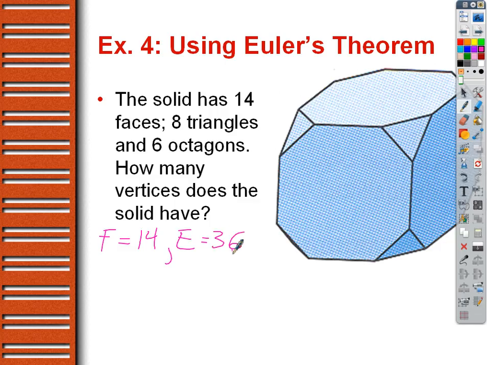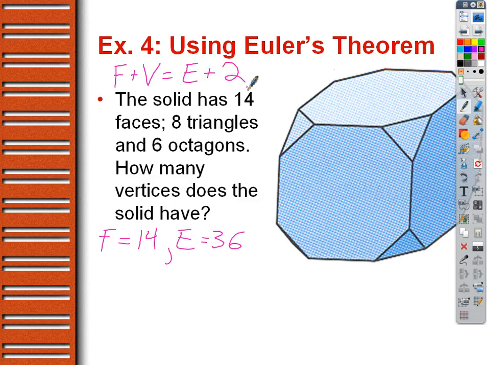So how many vertices would we have? Well, what's our relationship? What's Euler's theorem? F plus V equals E plus 2.